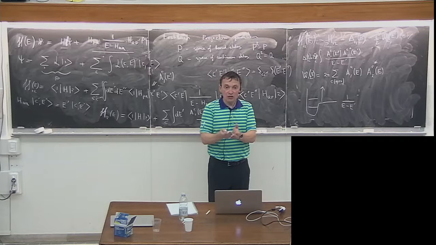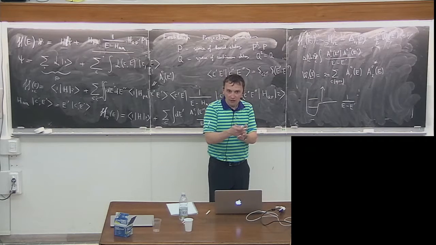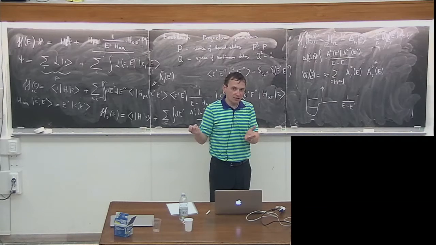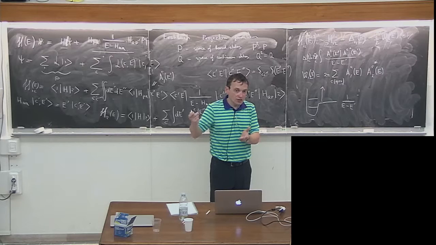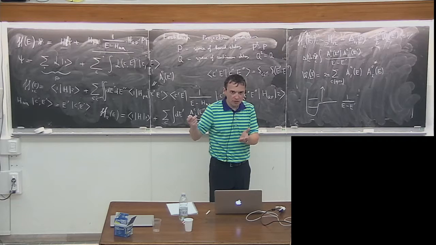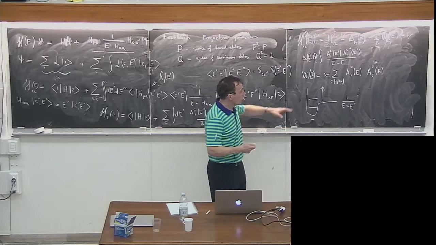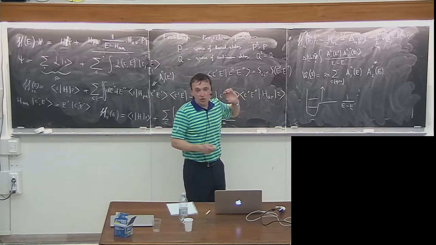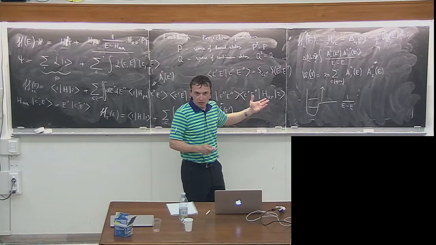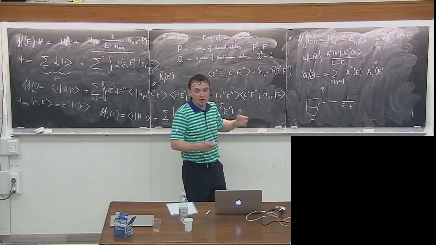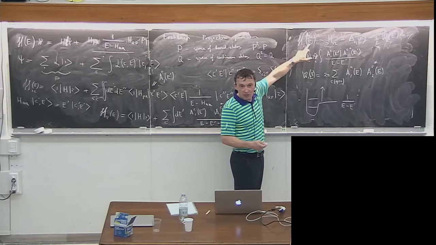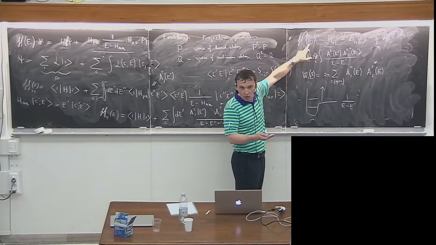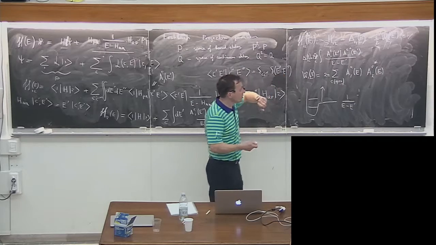So that channel is open then. But maybe my initial kinetic energy was not enough. So if my initial kinetic energy is not enough, then I'm going to reflect back exactly in the ground state. Then that first excited state channel is closed because it's not allowed in the remote final state. So therefore, each channel has its own threshold. And my reaction energy must be big enough for a certain threshold to be open. Okay?